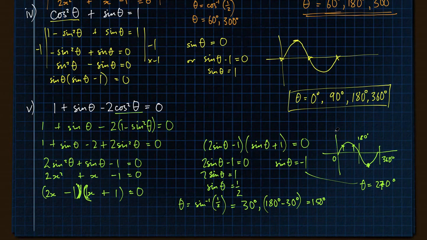Inverse sine of minus 1 would give you minus 90 degrees if you type it into your calculator, but that is the same as 270 degrees. It's the same part of the curve. So our final solutions here are theta equals 30 degrees, 150 degrees, and 270 degrees. That's the end of the first question.